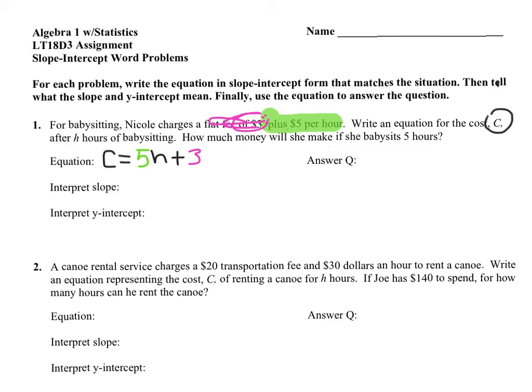So now when you're looking at your equation, you have to interpret what the slope is. Well, what does that 5 mean? That highlighted green 5. Well, that's talking about the hourly rate she gets paid. The y-intercept is the fee it costs for her to get to your house.